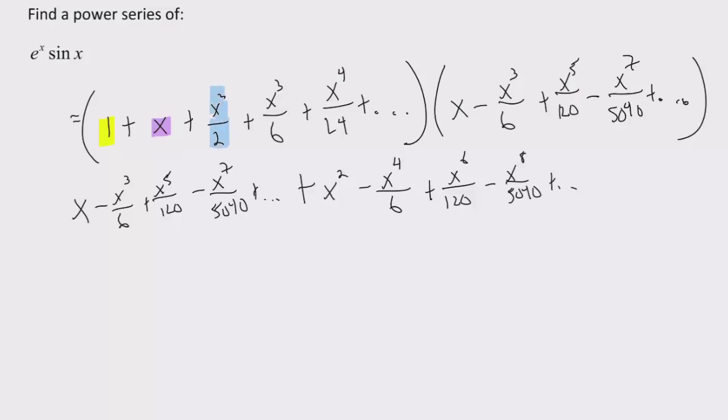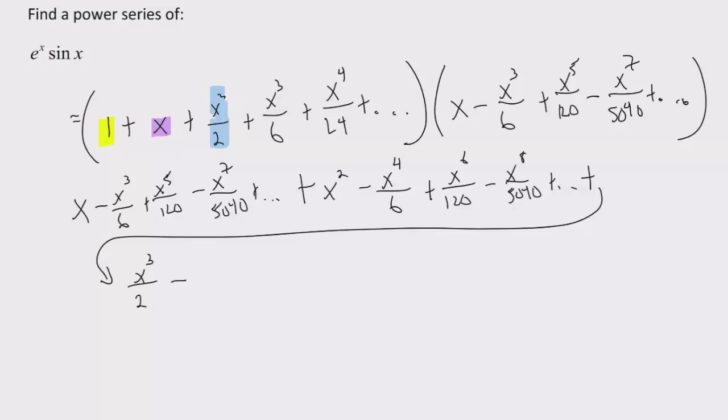So if I take x squared over 2, that is going to give me, and I'm going to carry this down in this little empty space here. Just want to make sure I don't run out of room. All right, so that's going to give me x cubed over 2 minus x to the 5th over 6 plus, sorry, my denominators are not quite right. x cubed over 2, and then x to the 4th over 12, because it's 2 times 6.